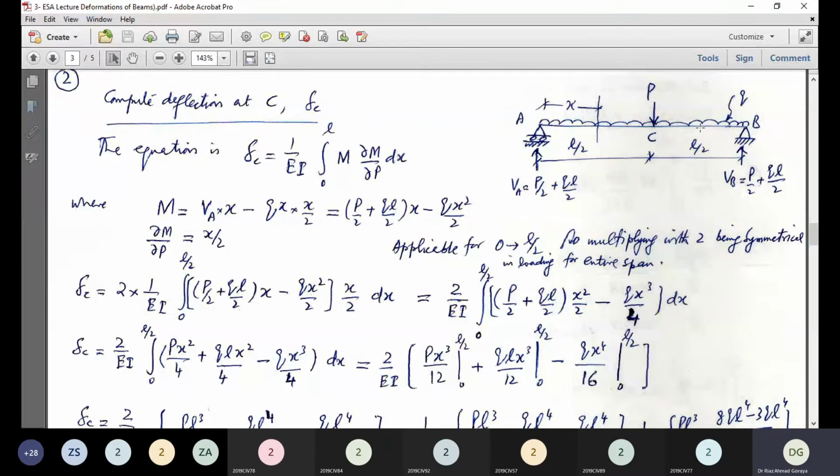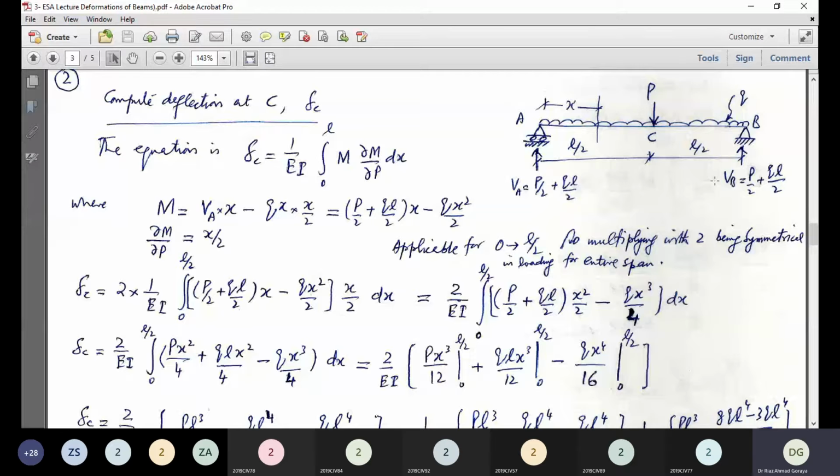Now due to this UDL, it is spanning over entire length of the beam. So it will be Q into L, total span, QL by 2 and QL by 2. This is the value of VA and VB. By this way, you will compute the reactions.